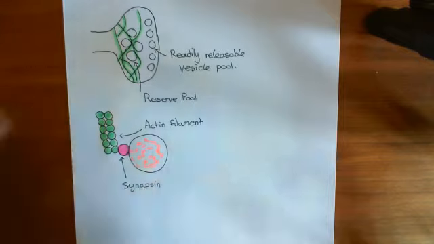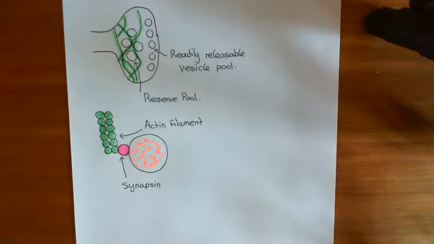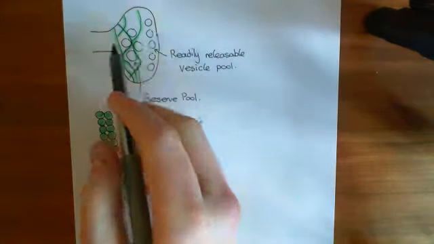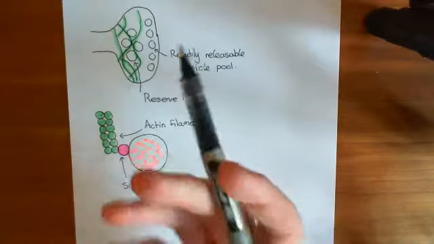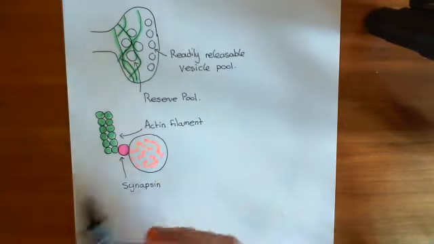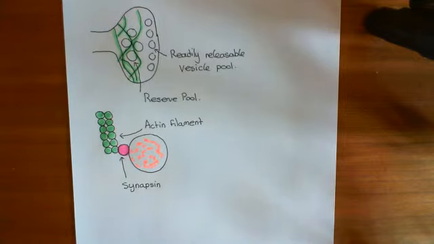Okay, so this is a synapsin protein. This is how we store synaptic vesicles further back in the cytoplasm of the cell. They're not just floating around freely. They are attached to the actin cytoskeleton of the cell by these synapsin proteins.